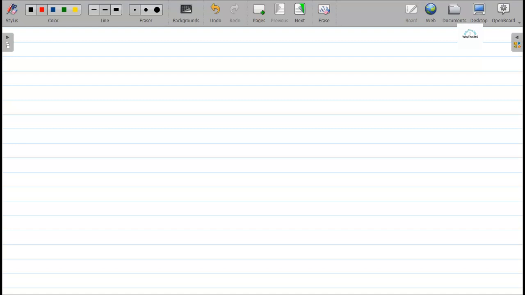Now I'm using a blue pen. The log of 32 to the base 2.